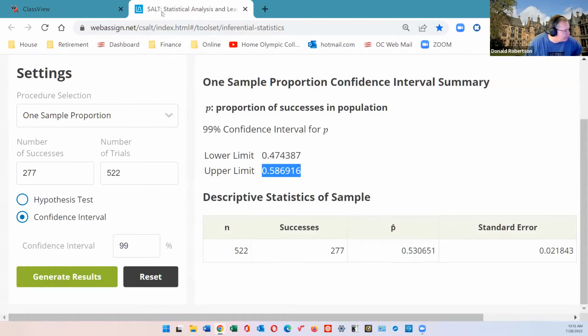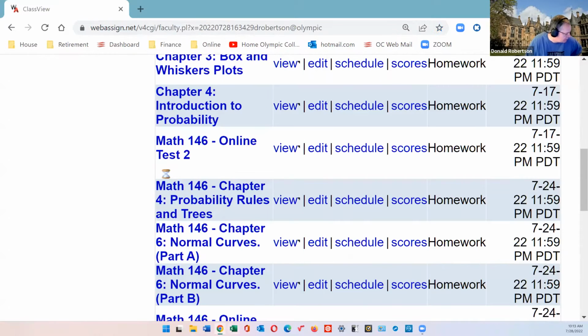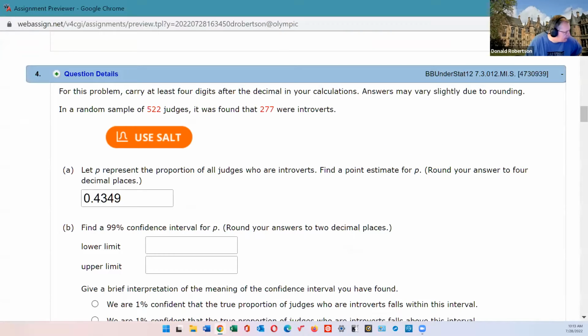Right, so I'm going to move this out the way. All you do is copy this and plug it in here, and then copy this and copy it in here.